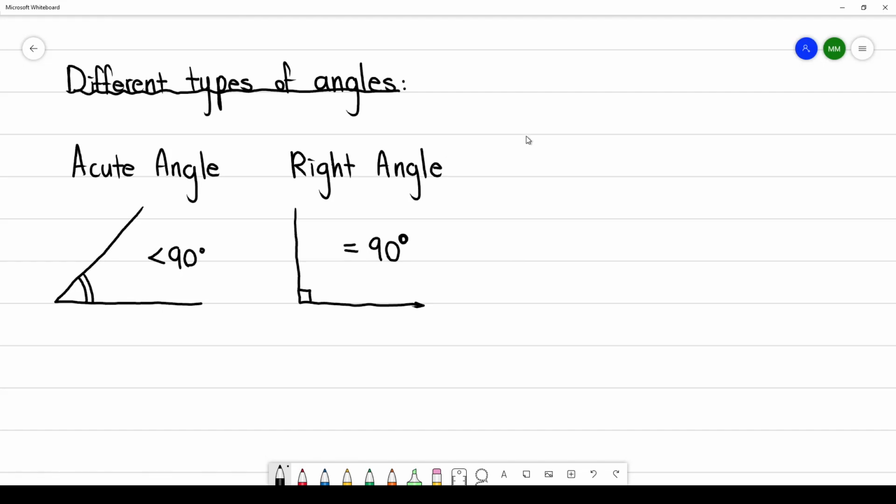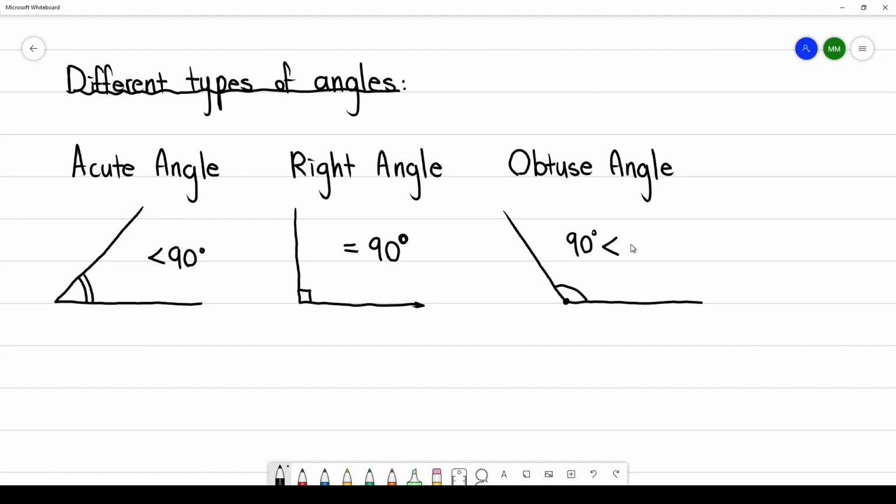And then what is bigger than a right angle is an obtuse angle. So an obtuse angle is where the angle, so this angle, is bigger than 90 degrees.